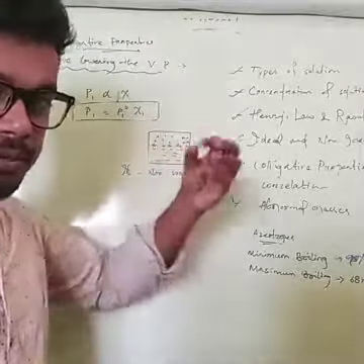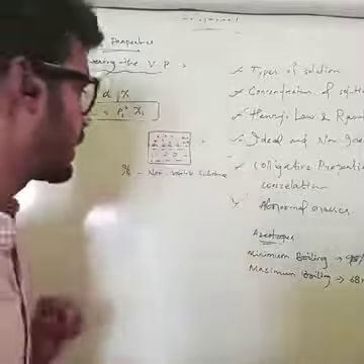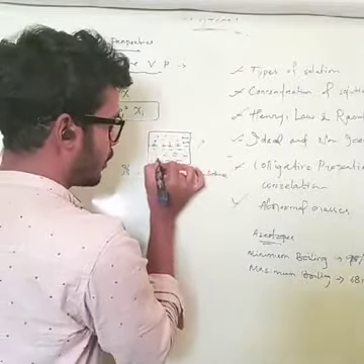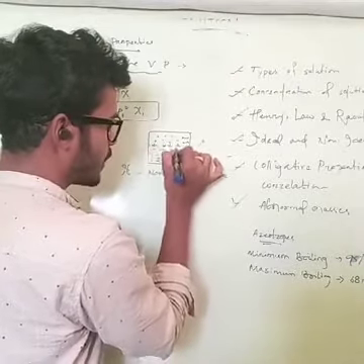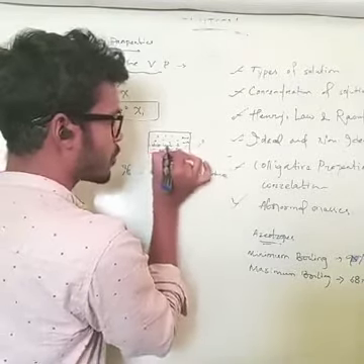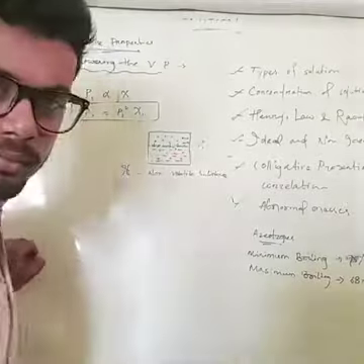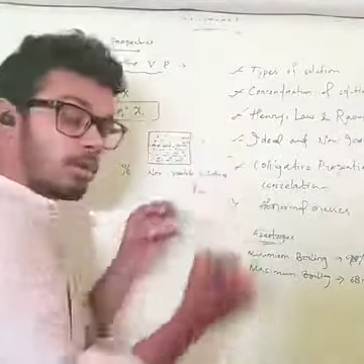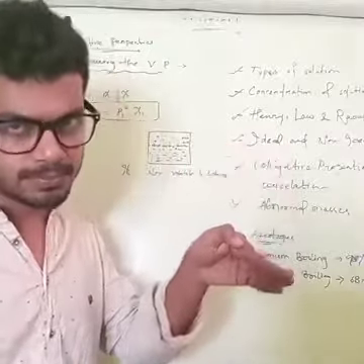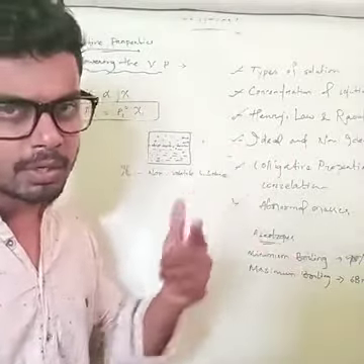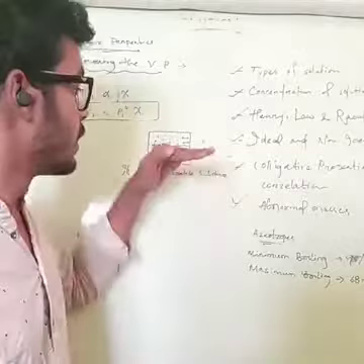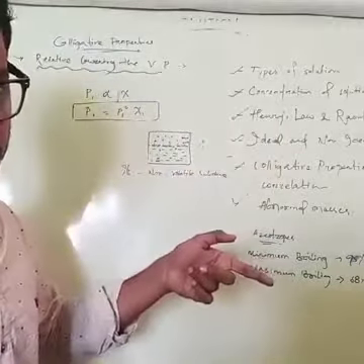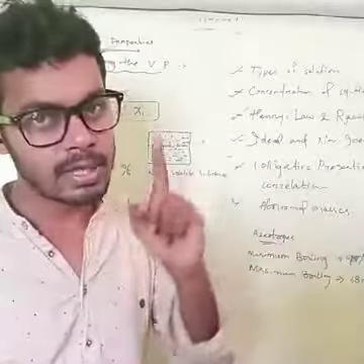If I add some substance which is non-volatile in nature, what happens? This non-volatile substance will block some areas, it will block some surface also. So the formation of vapor will decrease at the particular temperature. Yes or no? And simultaneously the pressure will again decrease at that same temperature.